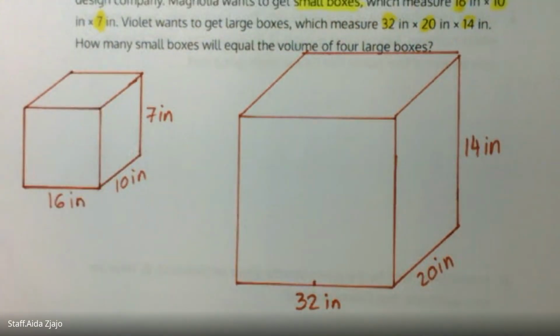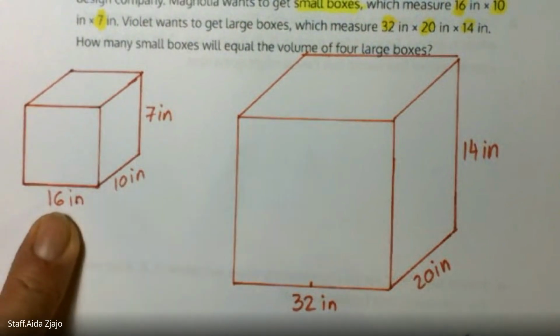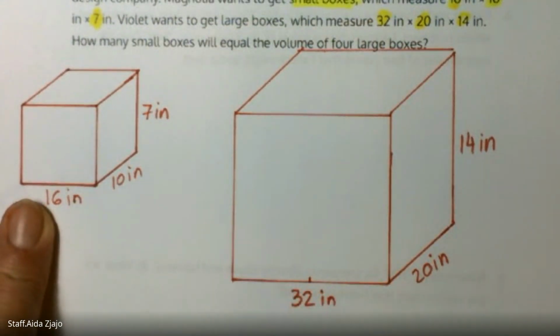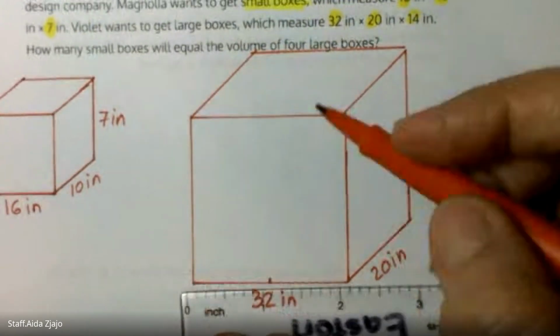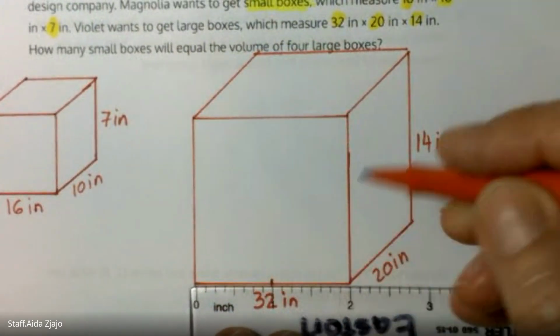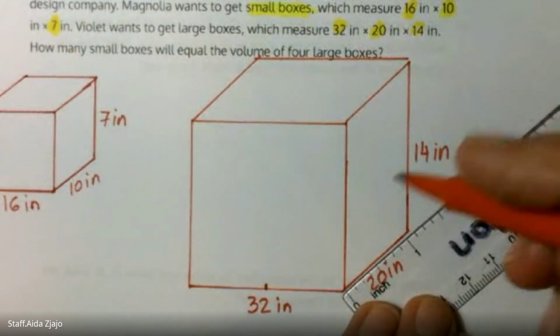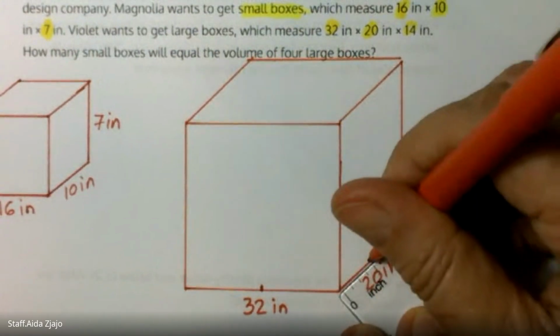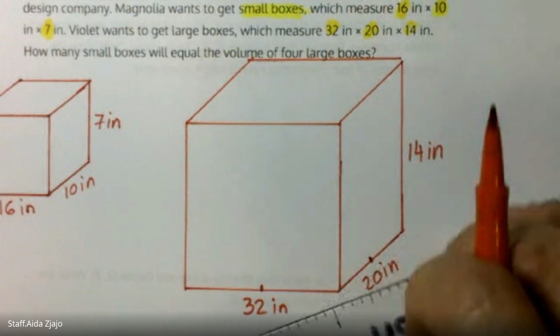Okay. So when we know this, we can see that each dimension of this is twice this. So that means I can make a half of each dimension, and it will help me to see how many boxes would be in this.